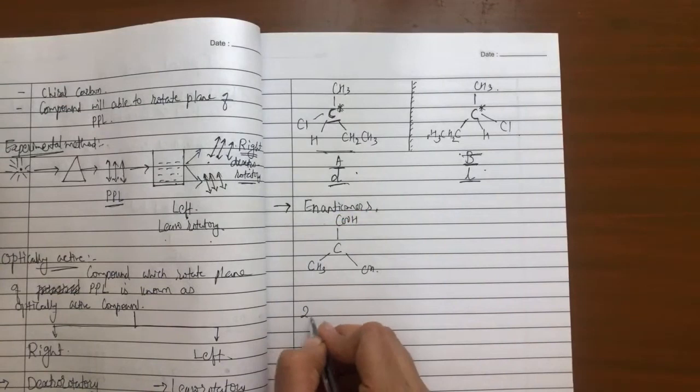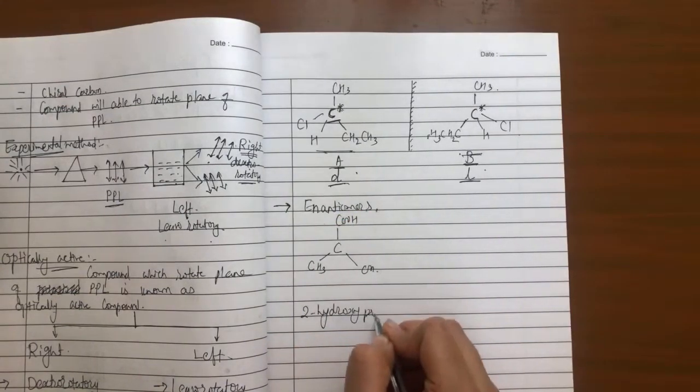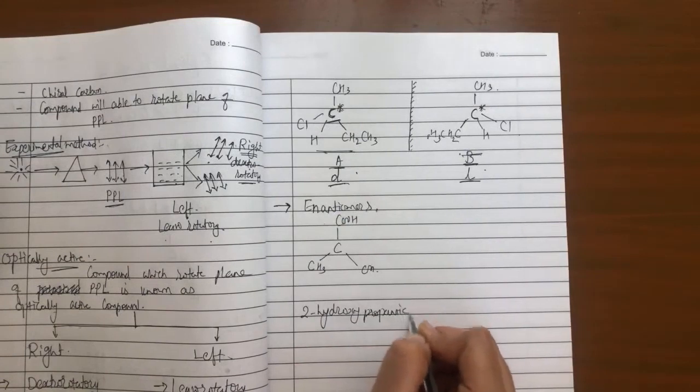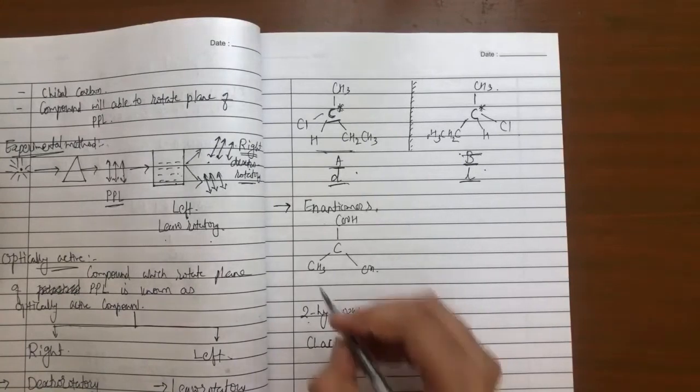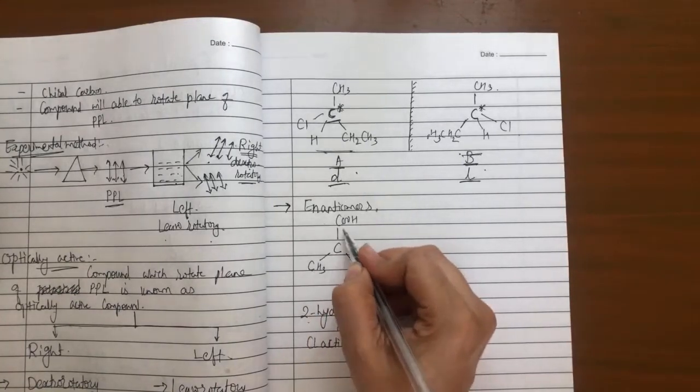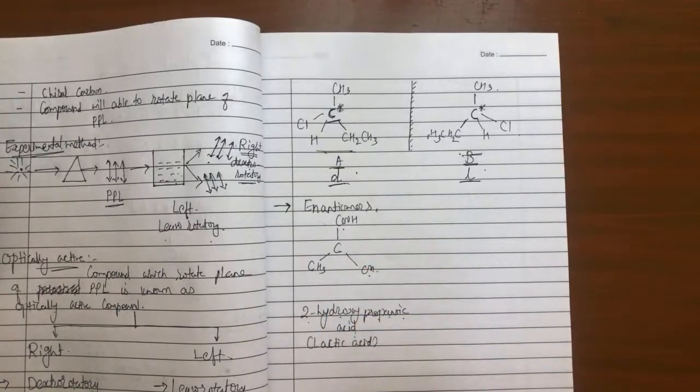Lactic acid is 2-hydroxypropanoic acid. Propanoic acid has 1, 2, 3 carbons. On the second carbon I have a hydroxy group. One more valence is remaining that we have to satisfy with hydrogen.